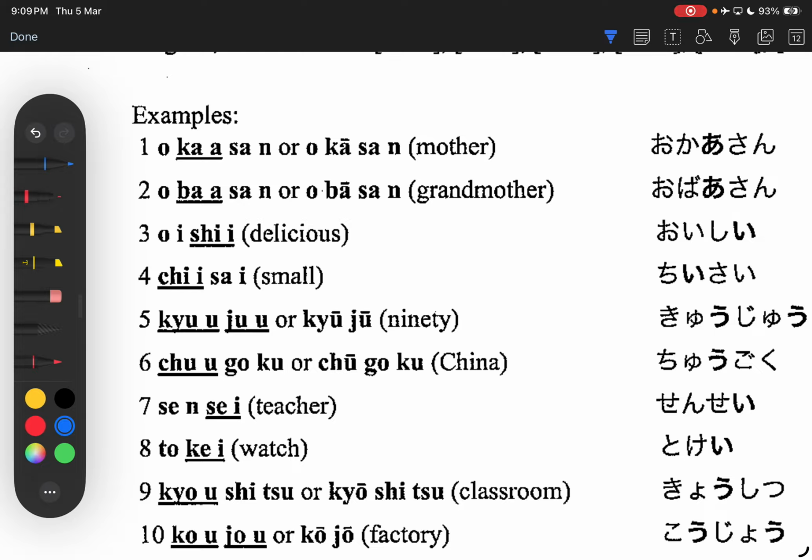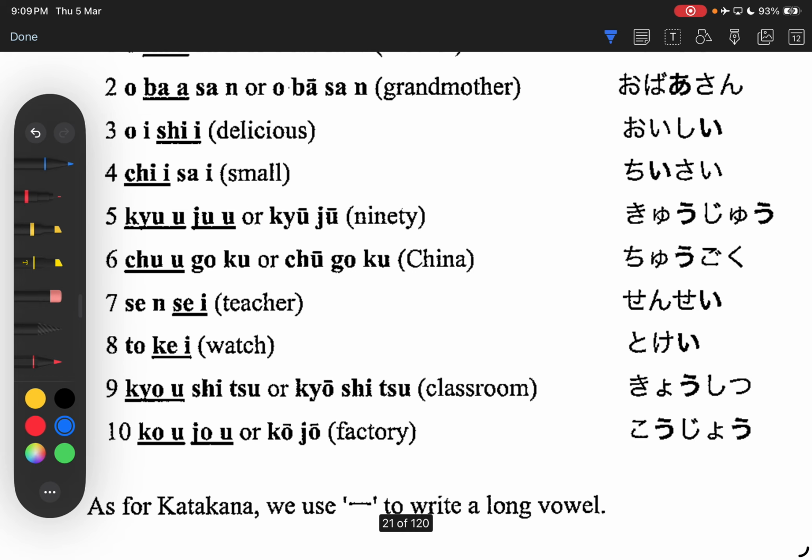Oishii. We drag out the last I sound. You can hear the long I sound. Then number 4, chisai. We drag out the I sound in the middle. Number 5, we have kyuju, which means 90.